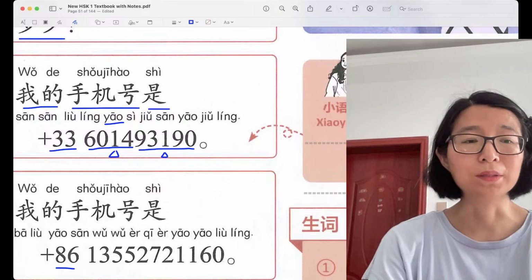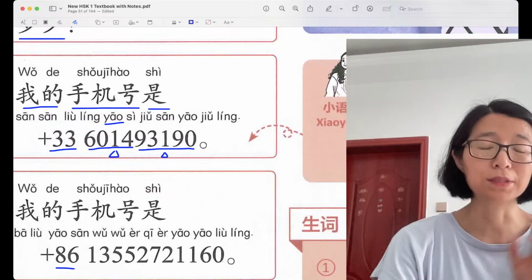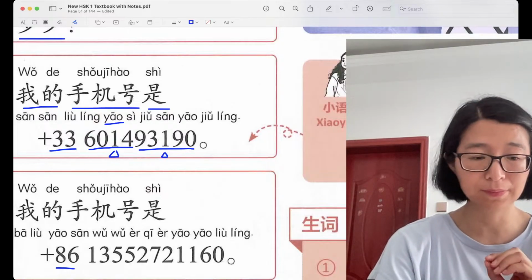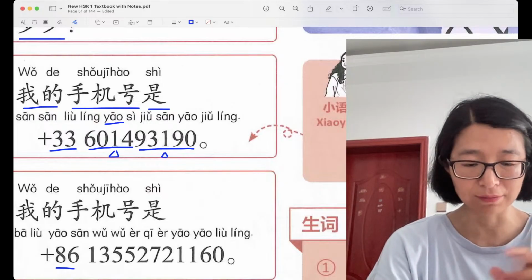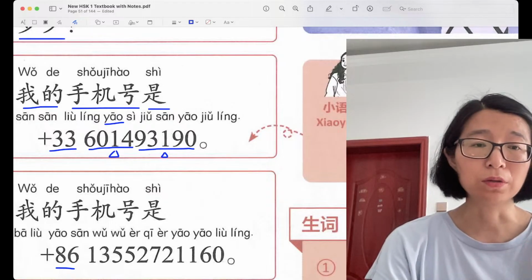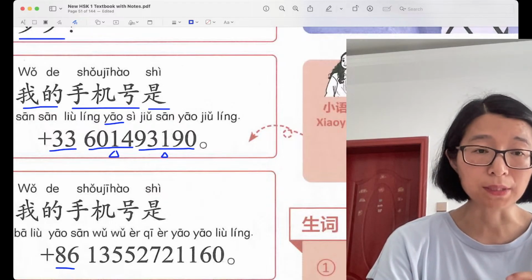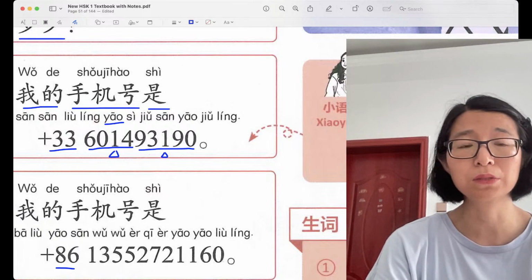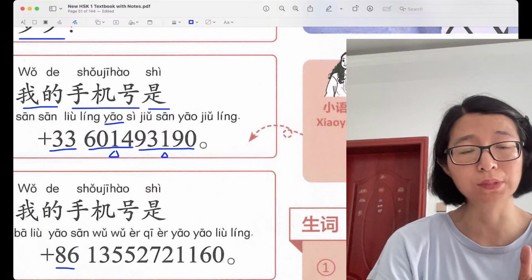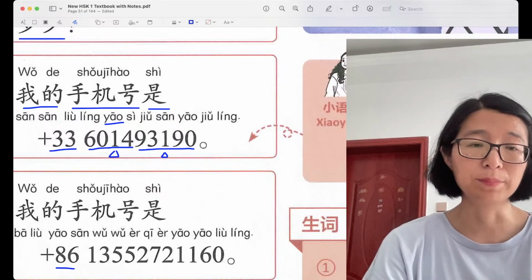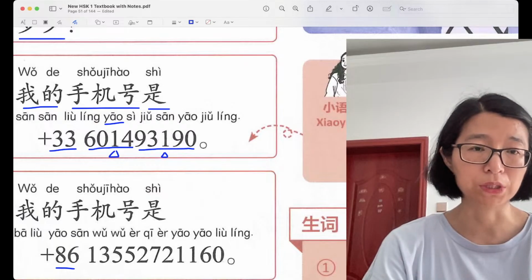Okay, so 我的. Oh, yeah, pause. Yeah, I just mentioned pausing. So after the country code, you pause a little bit, maybe 1 second or half a second. And then you continue to read the number. So if the number, like you can see here, is like 8 or 9 digits, you can pause every 3 or every 4 digits. Okay. So for me, I would like to pause every 4 digits.